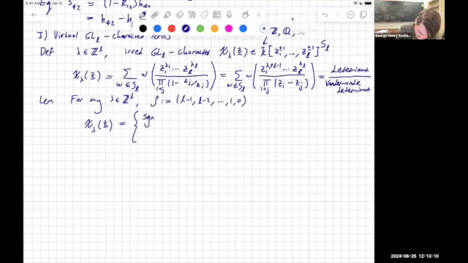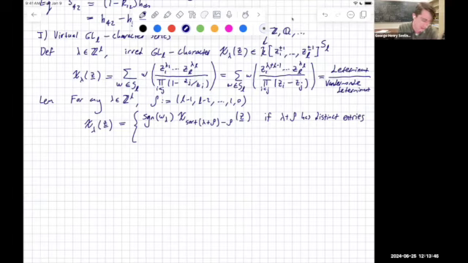So I can write it like this: a sign of some permutation, which I'll define in a second, but importantly, on the indexing of the GL_L character, I can write sort of λ plus ρ, and by sort, I mean putting it into decreasing order, and then subtract off this ρ. And I can do this if λ plus ρ has distinct entries. And otherwise, if λ plus ρ has repeated entries, you actually just get 0.